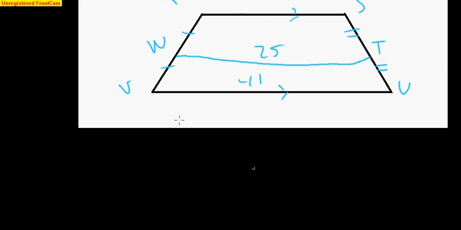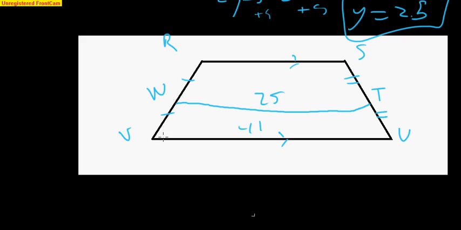I'll do this the simple way. We know that 25 is equal to x over 2 plus 41 over 2. And x is simply representing RS in this scenario.